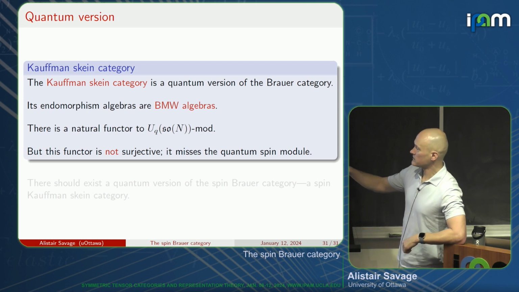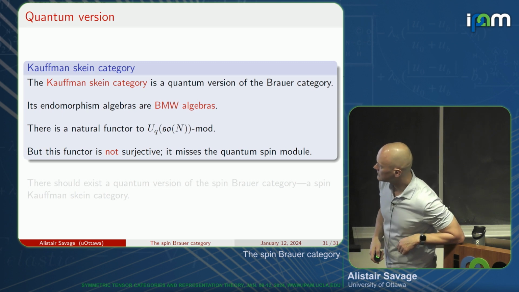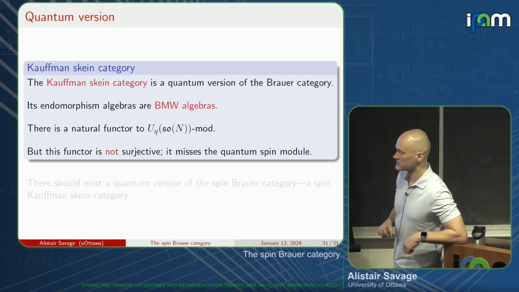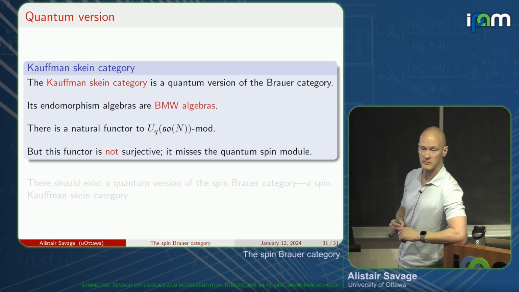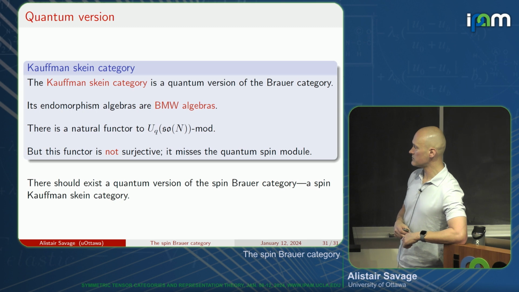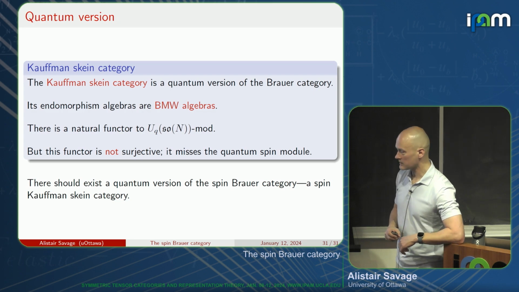So this functor is not essentially surjective, is what I meant to say there. There's a quantum version of the spin module that it misses. So there should exist some quantum version of this spin Brauer category, a spin Kauffman-Skein category, that should complete this picture and add in this missing ingredient, the quantum version of the spin module. Okay, so I'll stop there. Thank you.